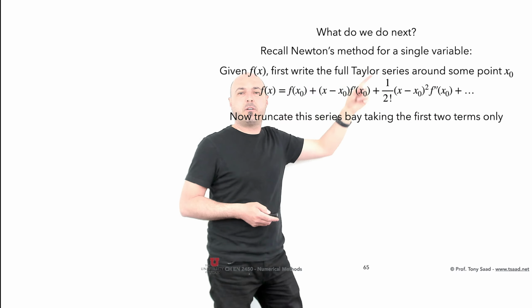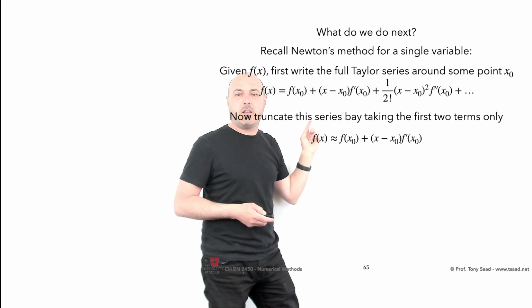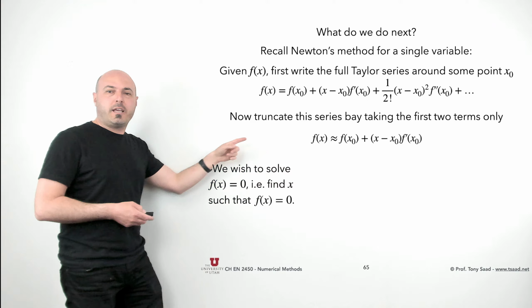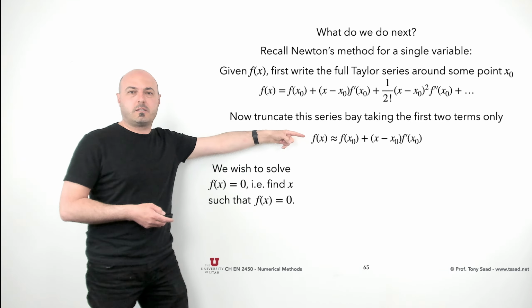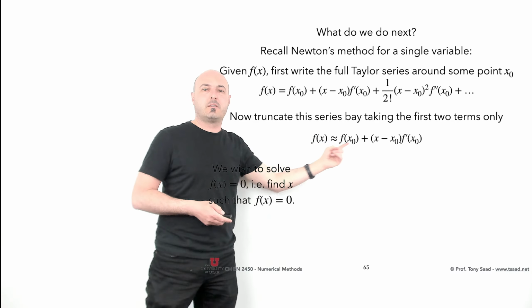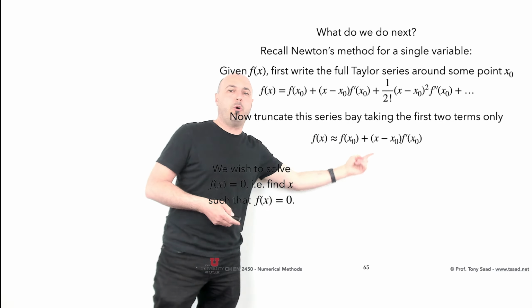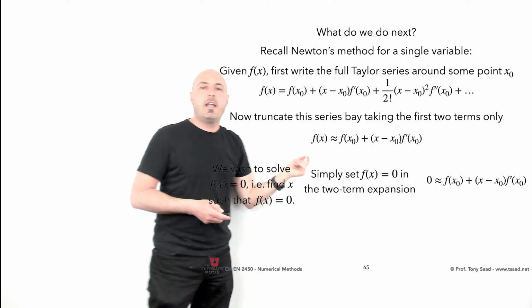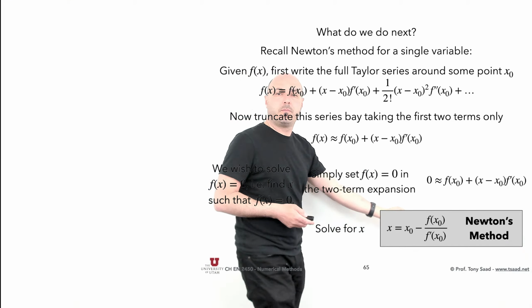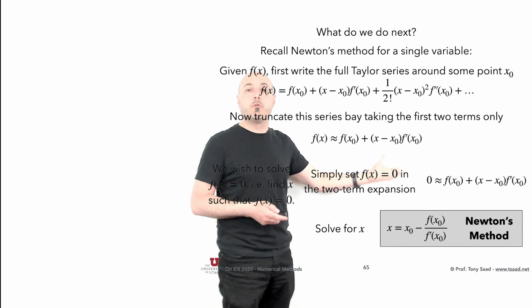So essentially we approximated the function with a straight line, and then we set f of x equal to 0, that's the residual function, and then solved for x, because we know f at x0, we know x0. That gave us the recipe for improving the guess.